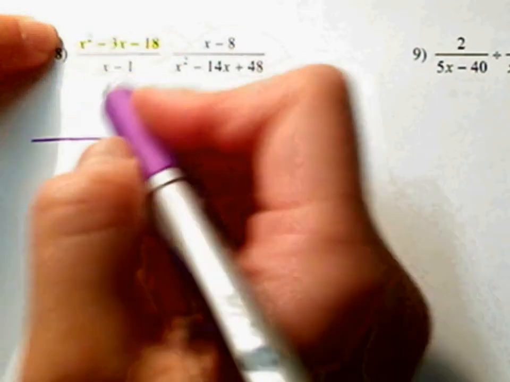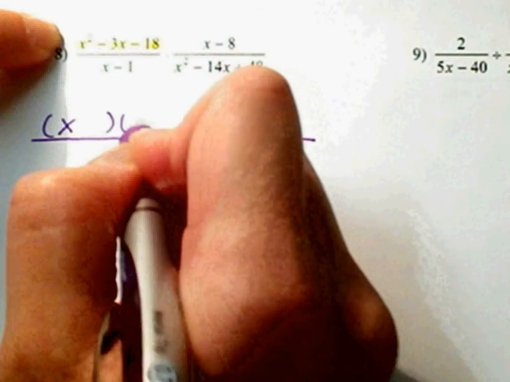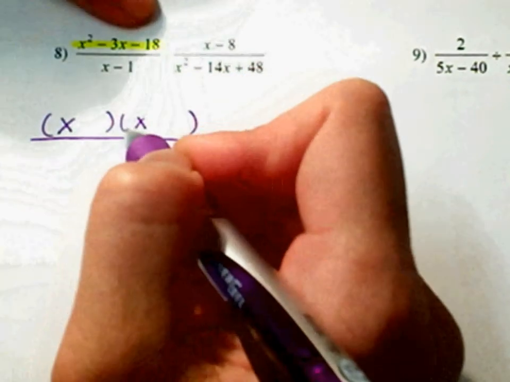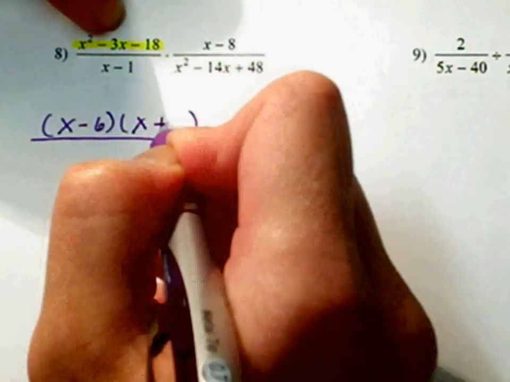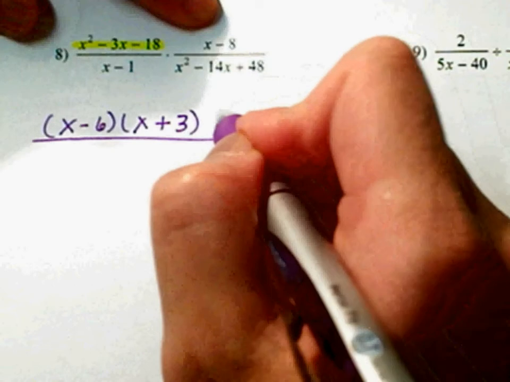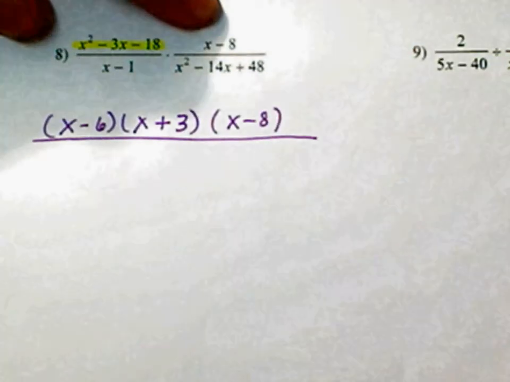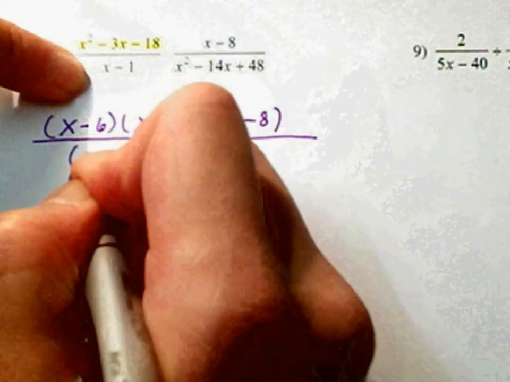What are factors of x squared? X and x. Two numbers to give you negative 18, subtract to give you 3. Negative 6 plus 3. X minus 8, already simplified. See, I'm just putting it all together. X minus 1, already simplified.